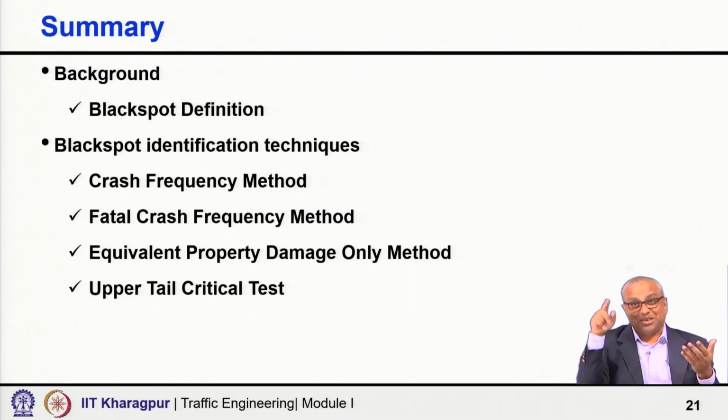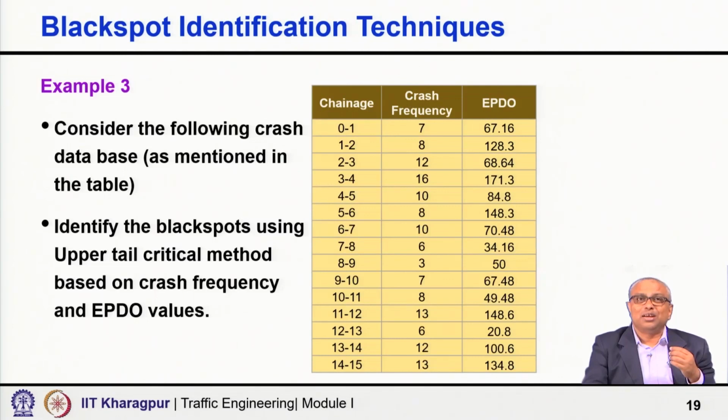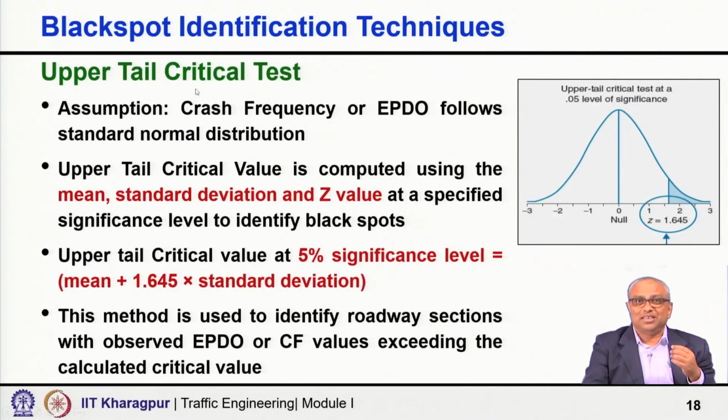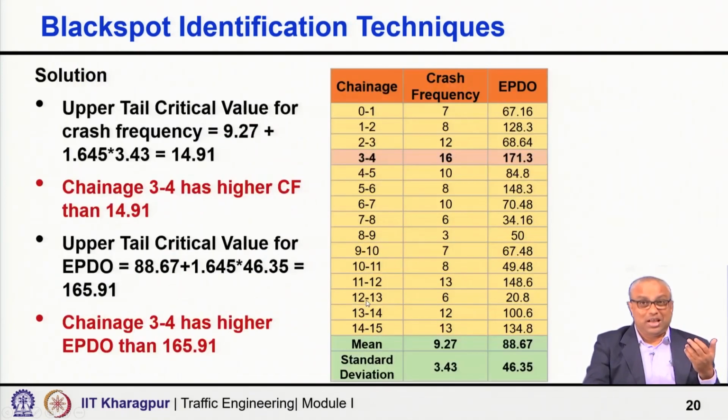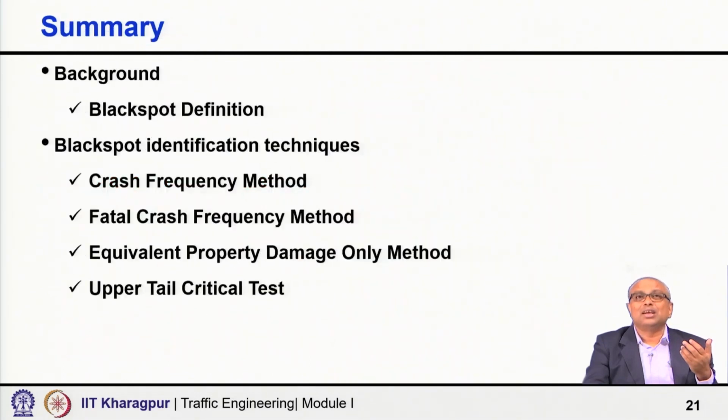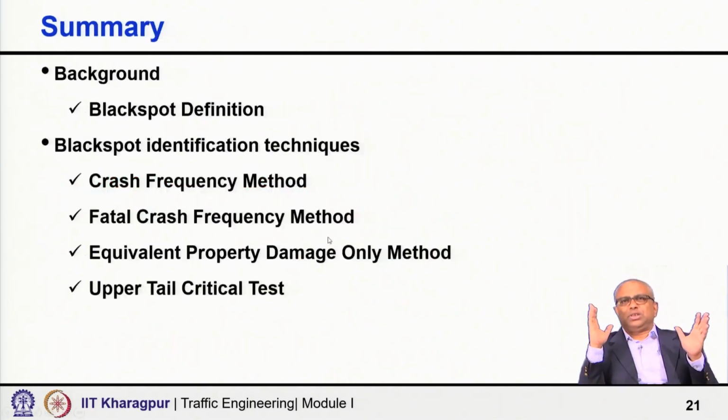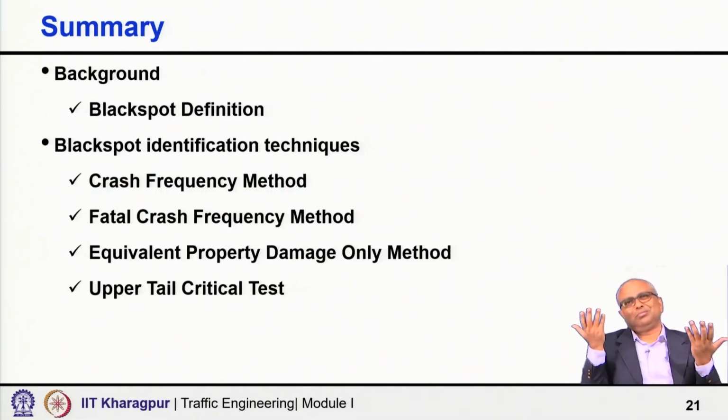The upper tail critical test is more statistical, where we are trying to see, at 5% significance level, what is the upper tail critical value considering the mean and standard deviation. So, that way also we do it very scientifically, and there could also be absolute thresholds, right, like MORTH, the Ministry of Road Transport and Highways.